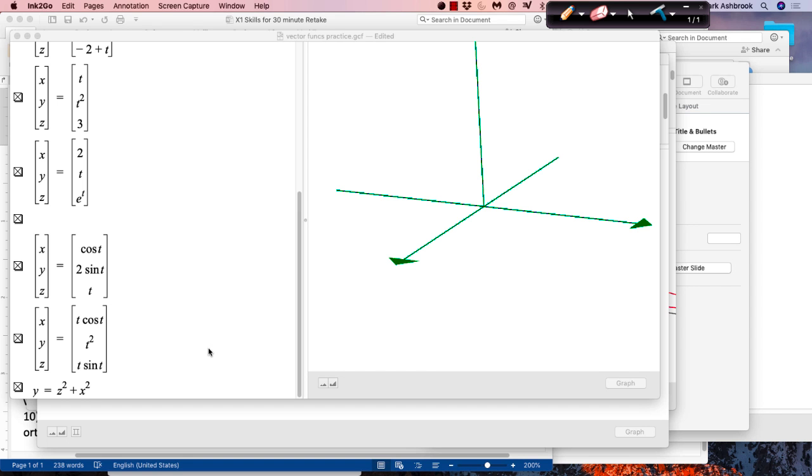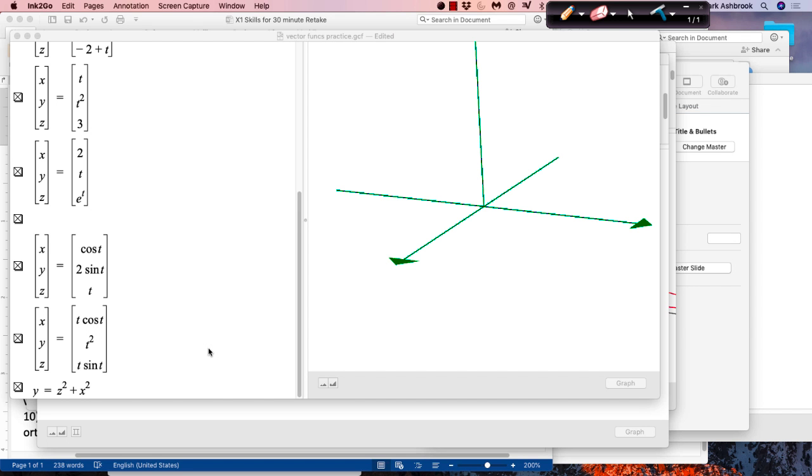It only works when we have the circle. Cosine t, but it'd be like 2 sines of it.